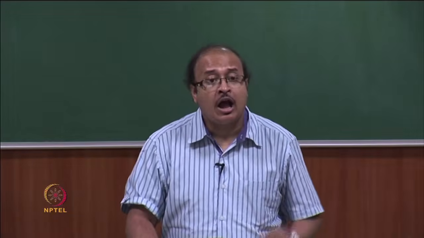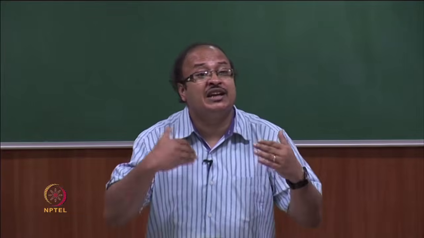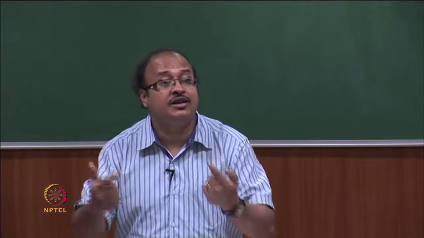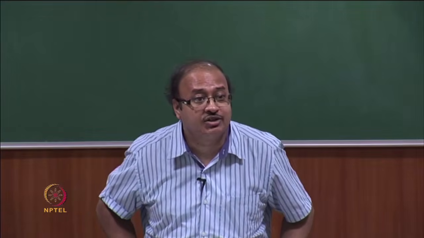However, as long as the protein is on the ribosome, if you look at the energy transfer, and if this energy transfer is changing, the only way this energy transfer efficiency can change is if the distance between A and D changes. The only possible way the distance can diminish, that is, the energy transfer efficiency can increase, is when this peptide starts folding co-translationally.